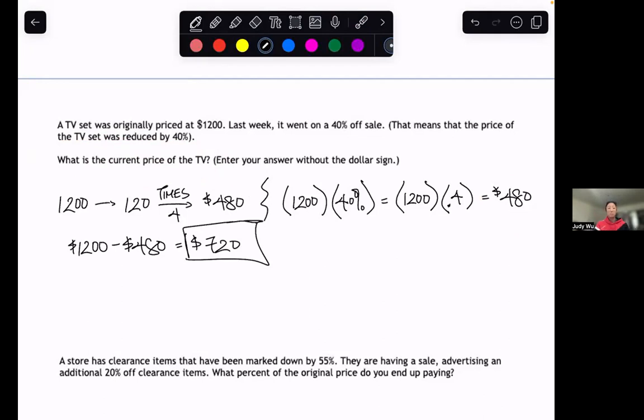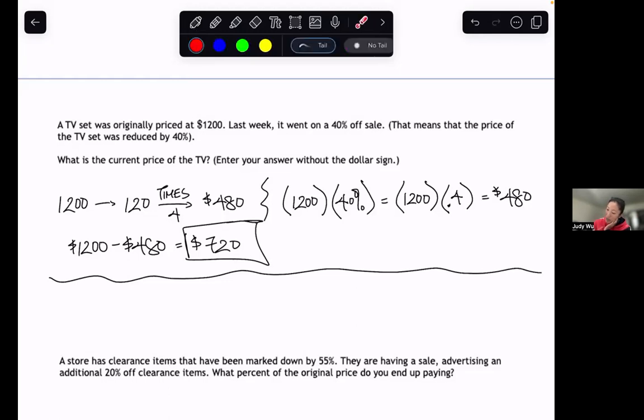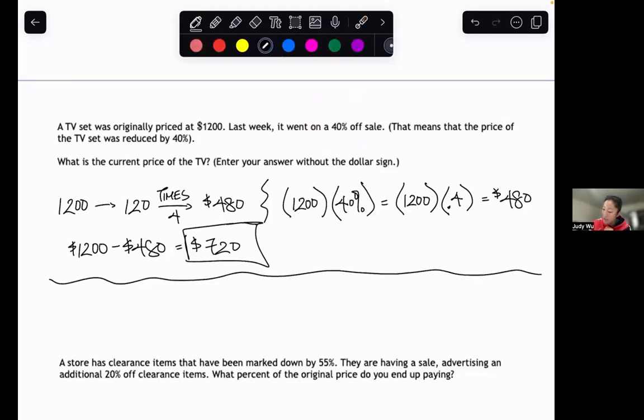Now, here's the deal. You can find the sale price or find the sale amount and then subtract. Always works. But if you're looking for sort of a more straightforward way to think about it, let's do this. If I save 40%, I have a 40% off sale, how much do I actually pay?